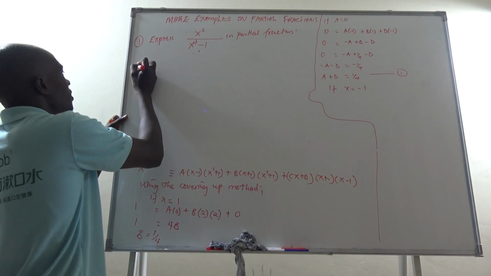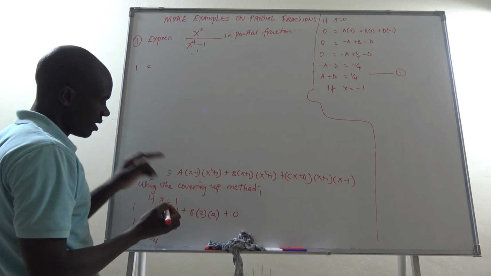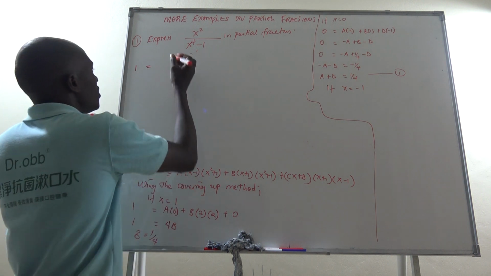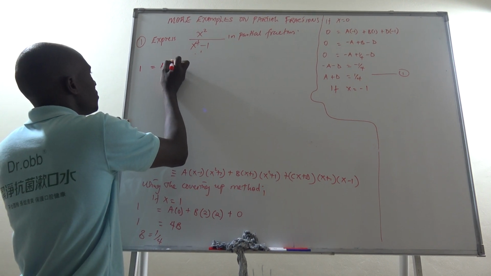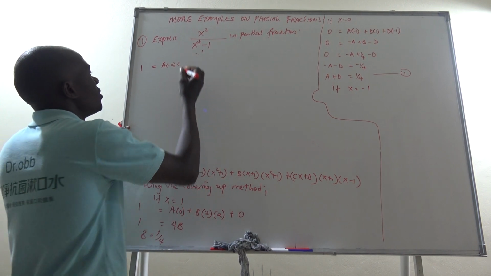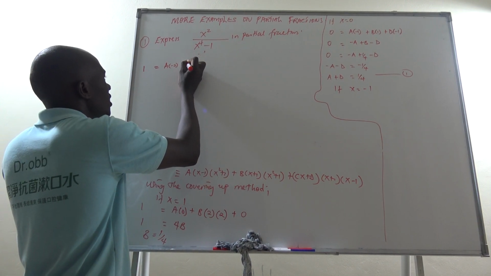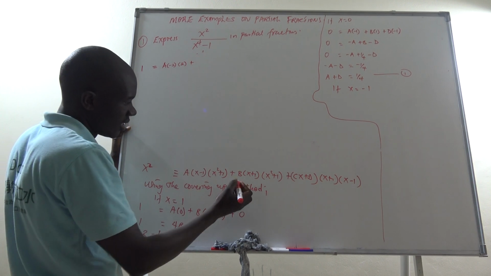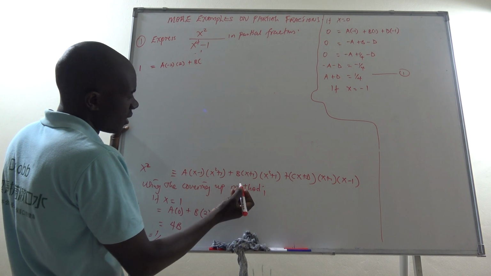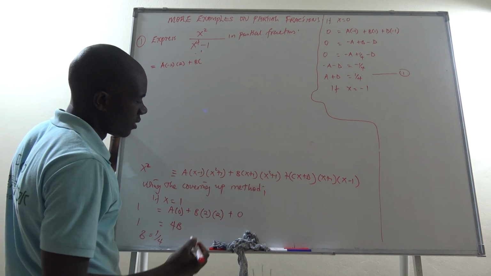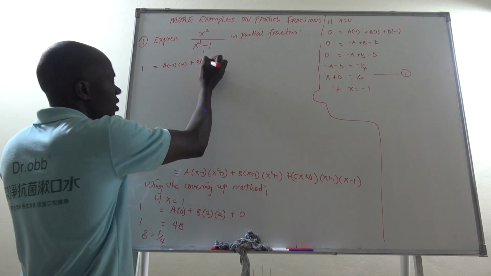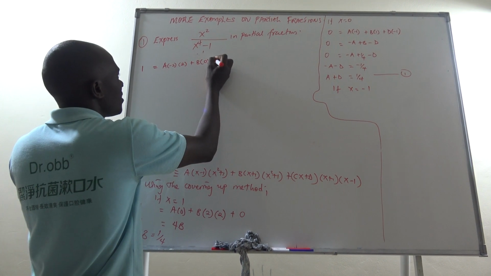Negative 1 squared gives 1, equals a into negative 1 minus 1, which is negative 2, into negative 1 squared plus 1, which is 2. We go to plus b into negative 1 plus 1, which is 0, and 0 times anything becomes 0. We come to plus.